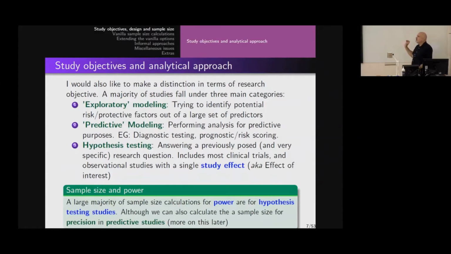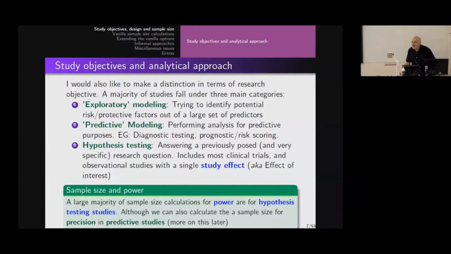So that brings us to this third set of studies, okay? So answering a previously posed and very specific research question. So it includes most clinical trials, not all of them, there are weird clinical trials, but it includes most clinical trials and observational studies with a single study effect.